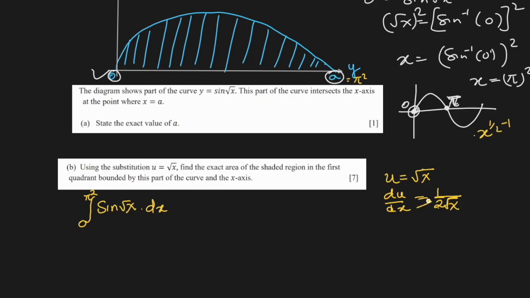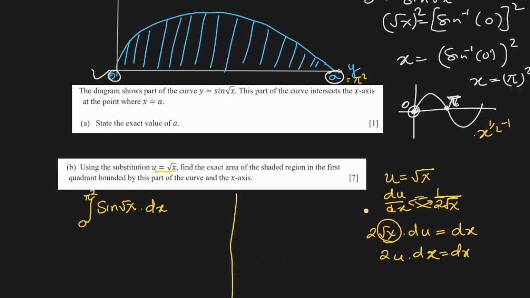So let's cross multiply here. dx equals 2 square root x du. Square root x is u, that's the substitution we have taken. So we can say 2u du is dx. But we need to change these limits also.